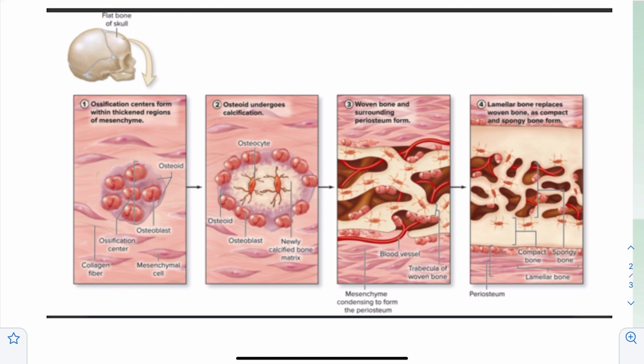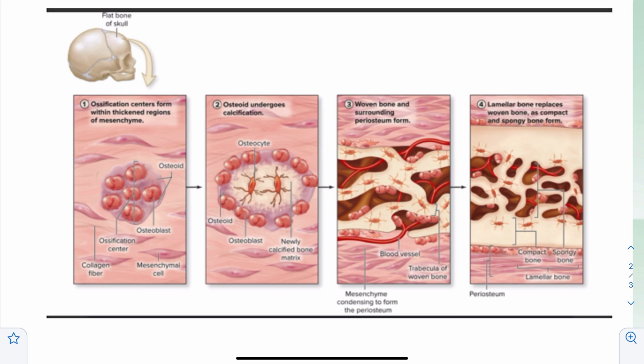I'm going to talk about flat and long, but anything that more resembles a flat bone, like maybe short bones, I think also go through this, is called intramembranous ossification. That's the way that they're made. So in this way, we have osteoprogenitor cells that kind of just collect themselves in a certain area, and they're going to work from the outside in to make osteocytes.